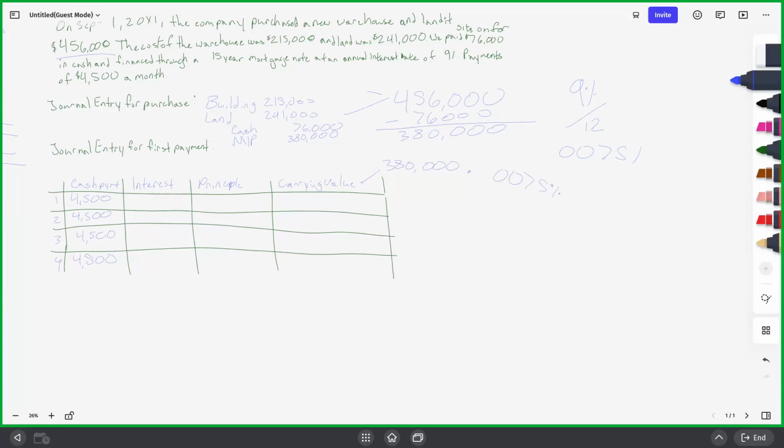And that's gonna get our first interest payment, which will be, oh, wait. That's why this is off, because that is not the right number.